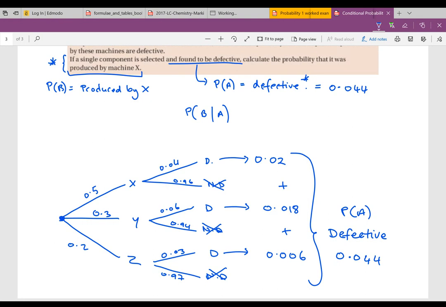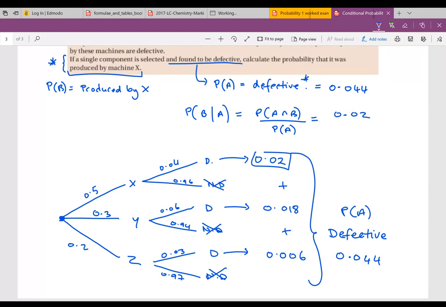That makes it a little bit easier with my tree diagram here. Now, the probability of B, given that A has happened, is the probability of A intersection B divided by the probability of A. The probability of A intersection B is nice and easy, because it's the probability that it's defective and by X, which is just this one here, 0.02.